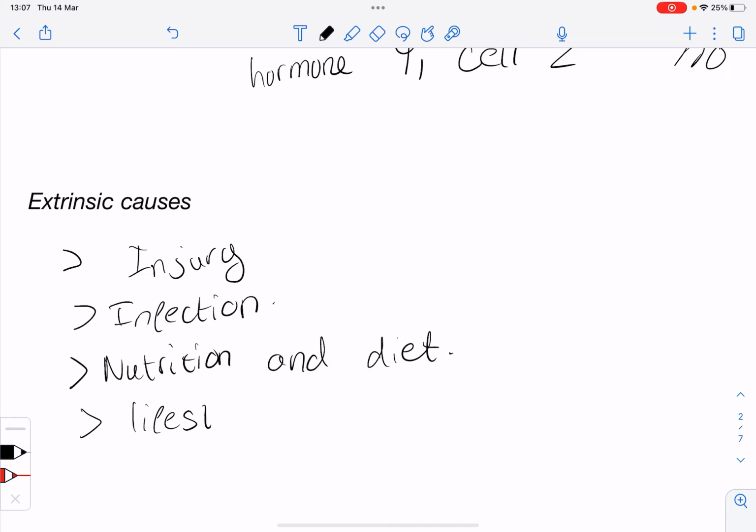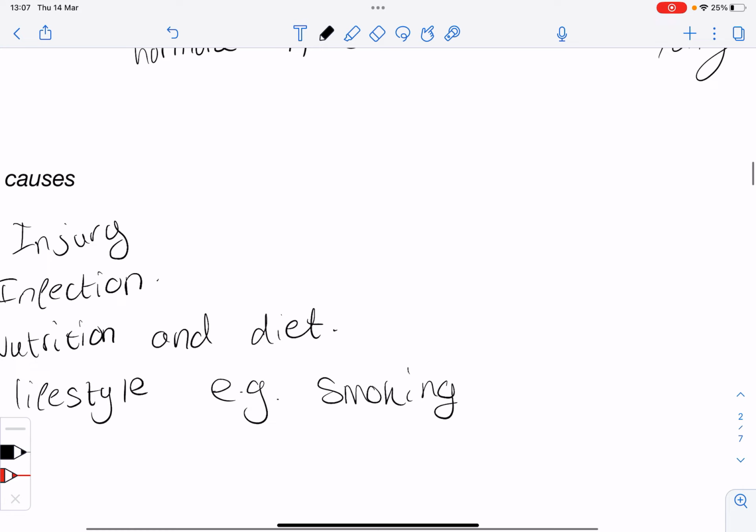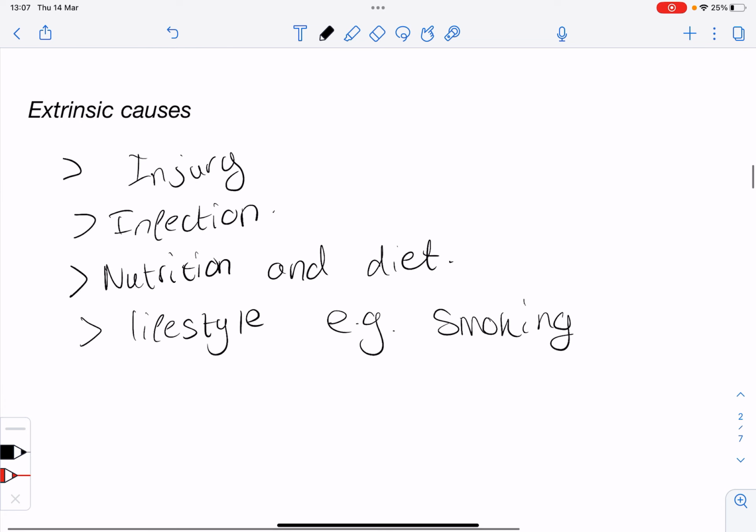Again, that could fit in with nutrition and diet, but lifestyle will be mostly like smoking. If you smoke, a lot of vapes going around, smoking. Also your workplace, if it contains a lot of toxins. So if you work on a construction site and you're exposed to asbestos, that could affect your lifestyle, or that could affect yourself, but that is your lifestyle.